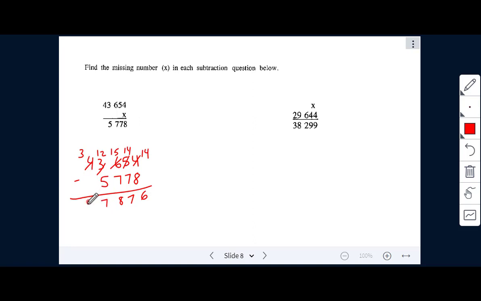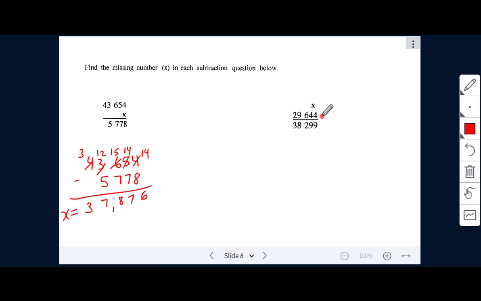And then 3 minus 0 is 0. All right, so we get 37,876. So that is what our x value is. So I'm just going to write here that x is equal to 37,876.